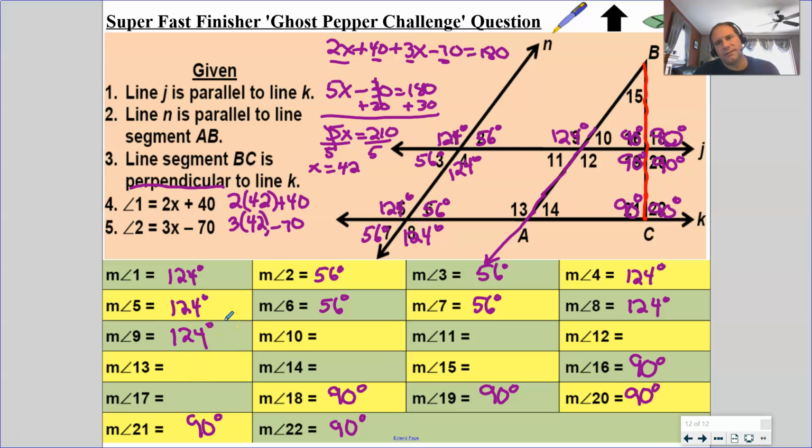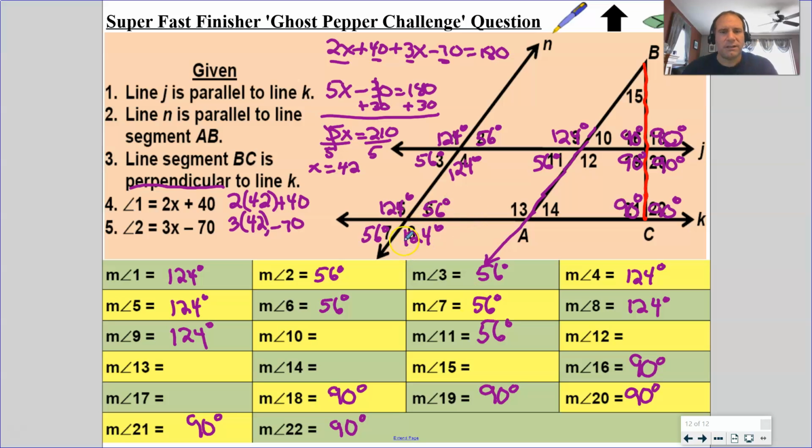And tilting your head again, what's 2 and 11? Alternate interior angles. If you look this way, here are the parallel lines, it is 56 degrees. So 11 is 56.